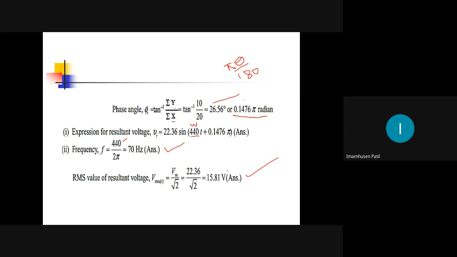What about roll number 16? Did you get the answer? Pragati, yes sir. Roll number 23, did you get the answer? Yes, sir. Roll number 24.